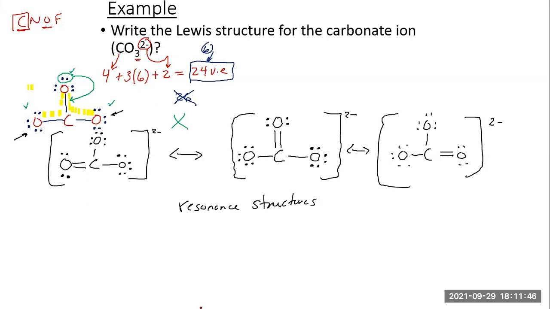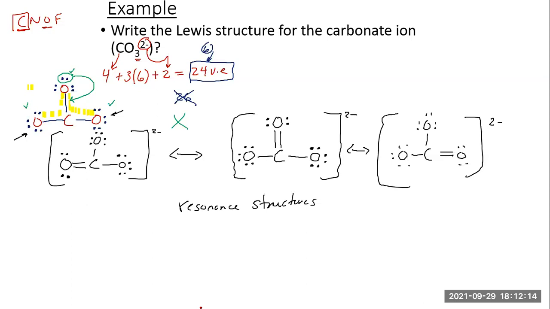The answer is no. If you were asked to draw the Lewis structure, you could draw any one of these 3 structures and they would all be correct. If you were asked to draw all the resonance structures, you should draw all 3. You probably won't be asked that in this class, but if you're asked just to draw the Lewis structure, any one of these would be correct.